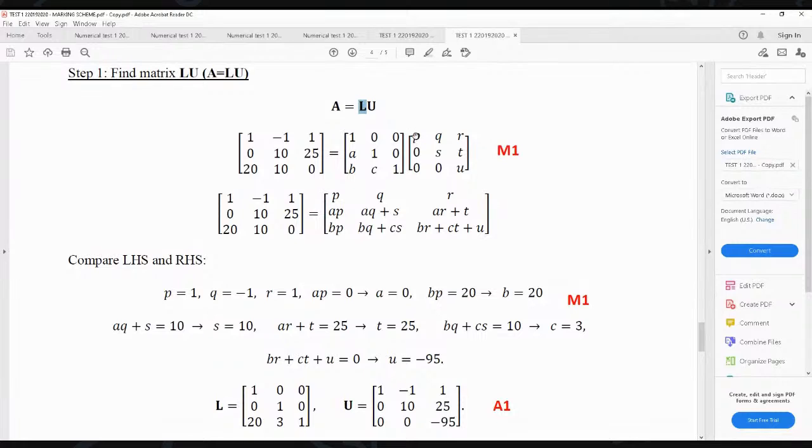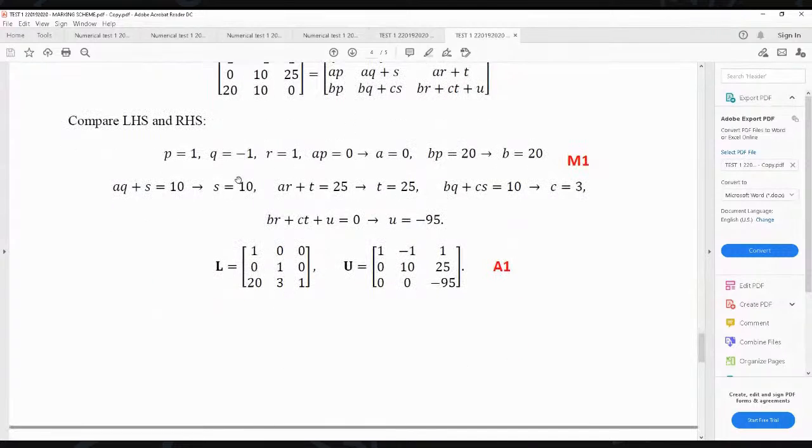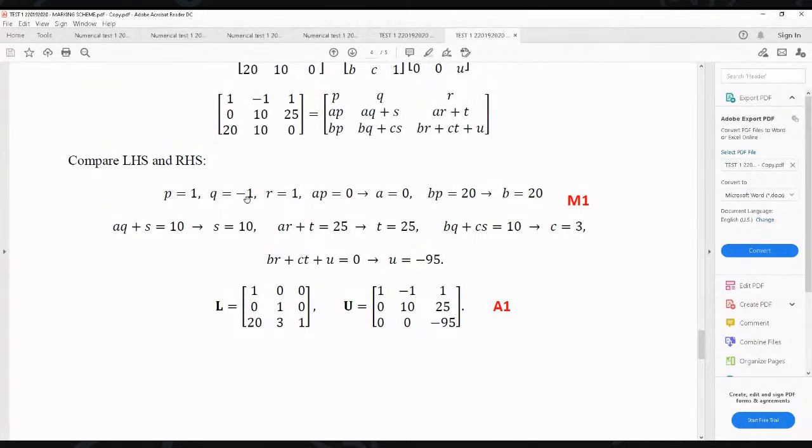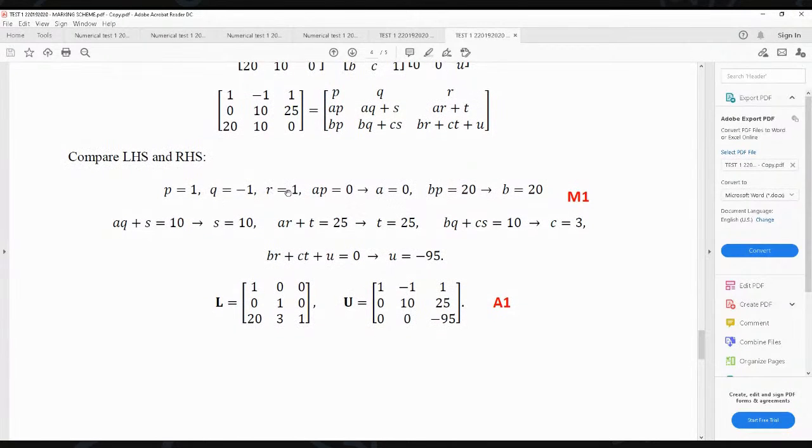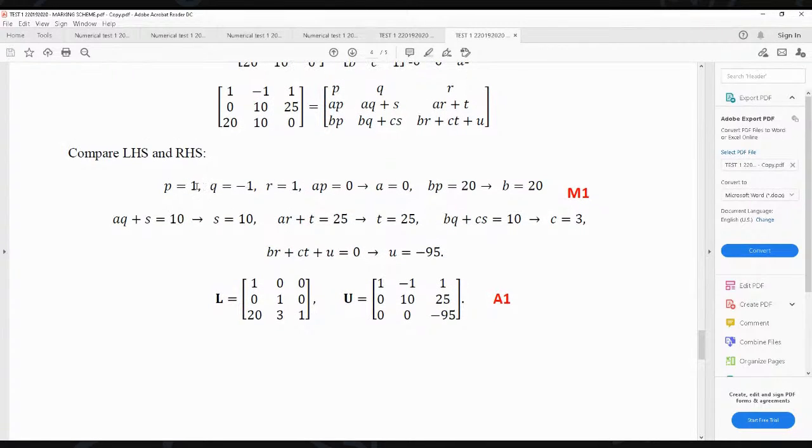For Cholesky, P, S and U is equal to 1. So change PQR for matrix A: P is 1, Q is negative 1, and R is 1. Because you can get PQR from matrix A, we want to reduce the computational cost.